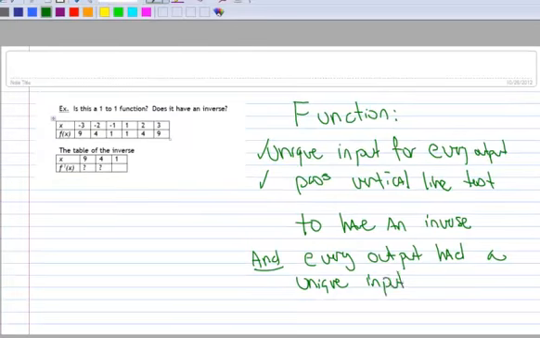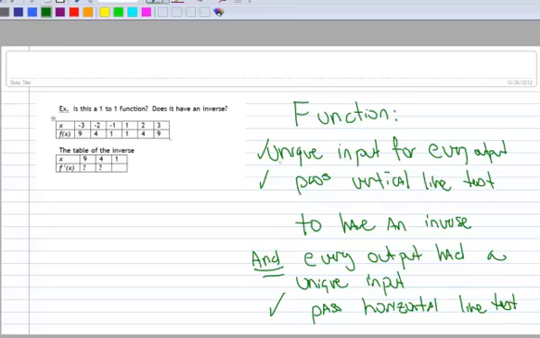Okay, so I need a unique input for every output, and in addition, I need to make sure that every output had a unique input, and it also has to pass a horizontal line test. And I'll demonstrate that in a minute.